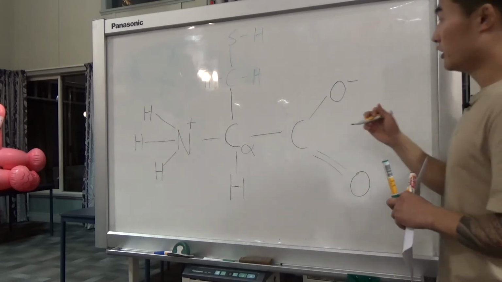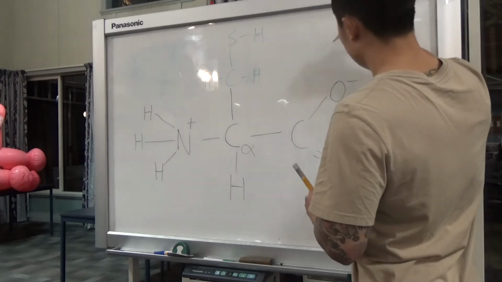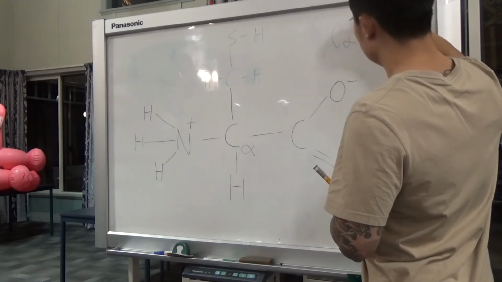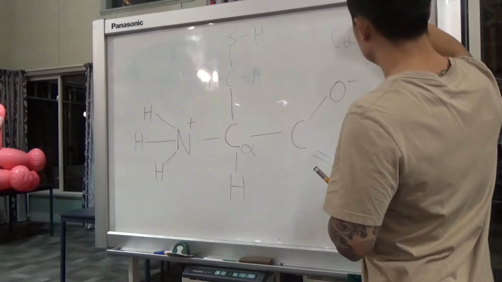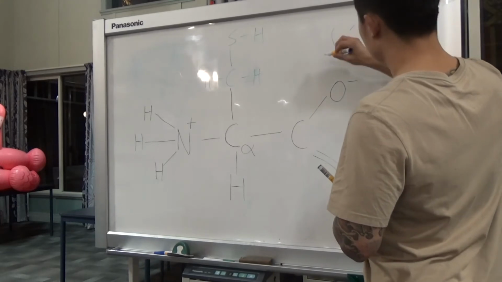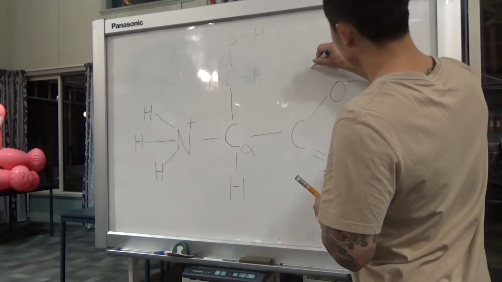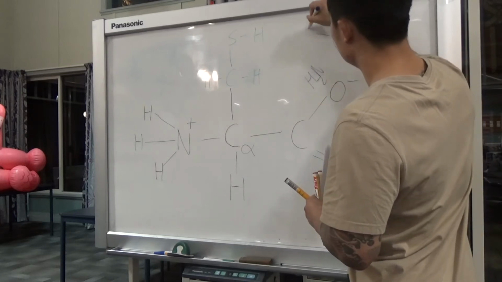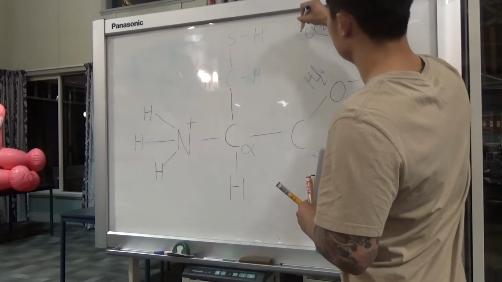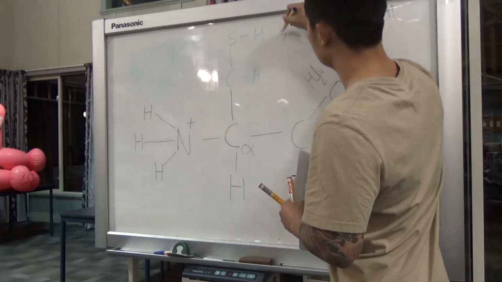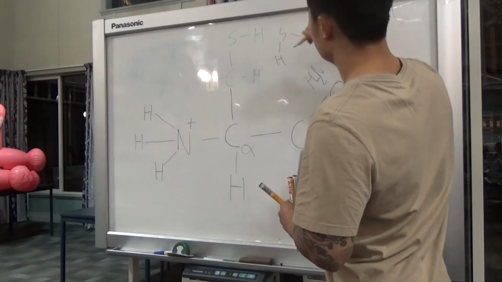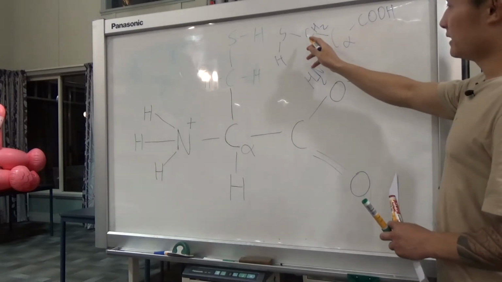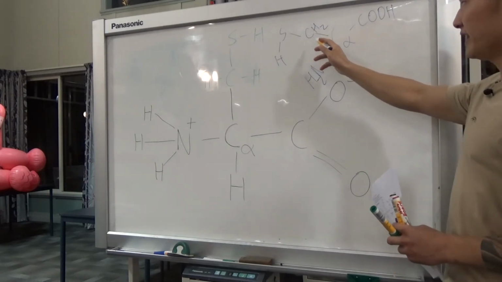So let's say we had another cysteine. So you've got 2 cysteine amino acids close to each other.